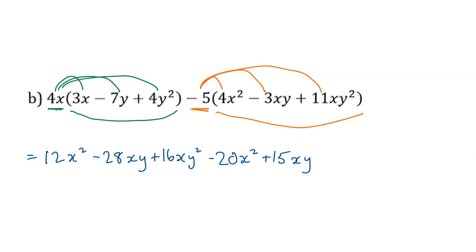Negative 5 times 11, probably multiplying by 11 is an easy one to do in your head, but if you struggle with that, then use your calculator. It should be 55. And then the 5 doesn't have any variable, so I'm just keeping the variable part from the brackets in every one of those cases.